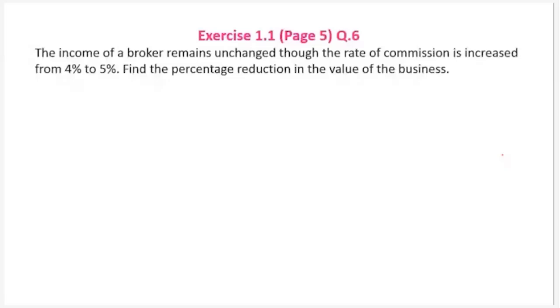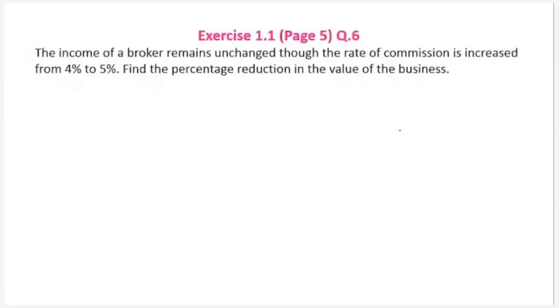Dear student, what do you mean by unchanged? No change means, in mathematics, what do we say? Same means mathematically equal. Though the rate of commission is increased, earlier it was 4%, now it is 5%.